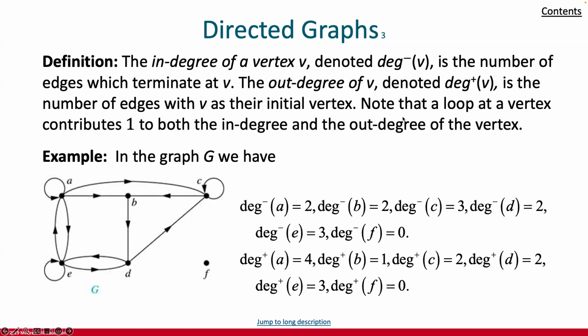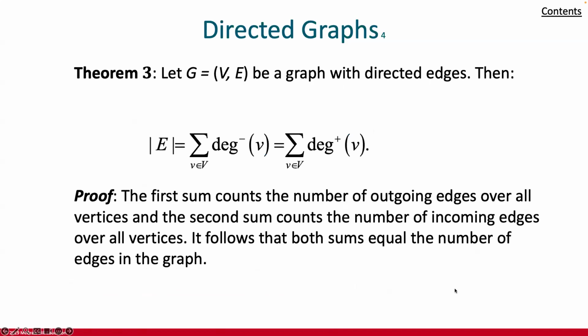Note that a loop at a vertex contributes 1 to both the in-degree and the out-degree of the vertex. And so here we can be looking at the details of this graph with the degree minus and degree plus, and you can be looking through those numbers there. Okay, some more things for us to digest here.